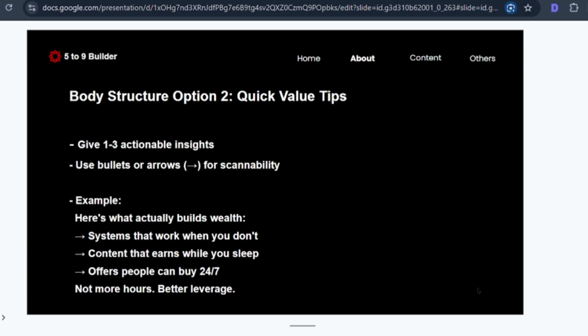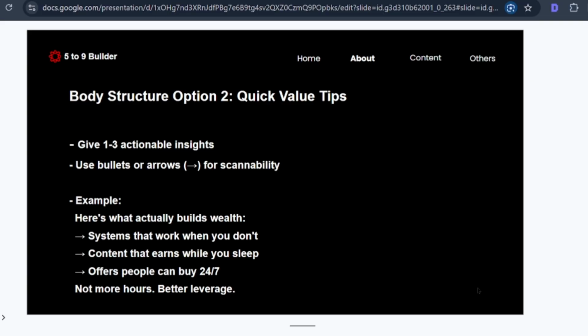The second option is what we call quick value tips. Quick value tips means giving one or two actionable insights or tips. Use bullets or arrows for scannability. You understand? So here, you give a tip. If you want to stay consistent, do this, do this, do this. If you want a disciplined life, do this, do this, do this.